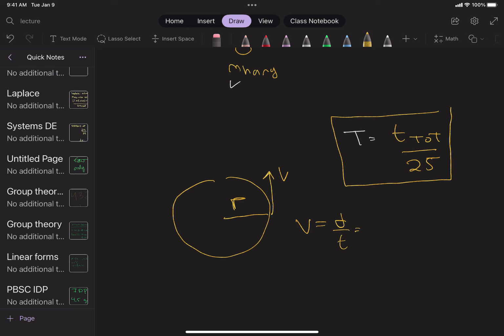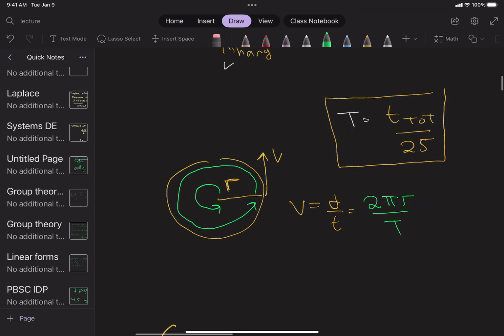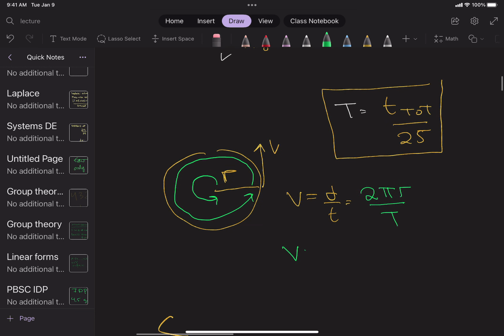In this case, though, if it goes around in a circle once, the distance is going to correspond to the circumference of the circle, which is going to be 2 pi r, and the time to go around the circle once is going to correspond to the period. So you can also calculate the velocity of the bob as it moves around a circle using this equation.